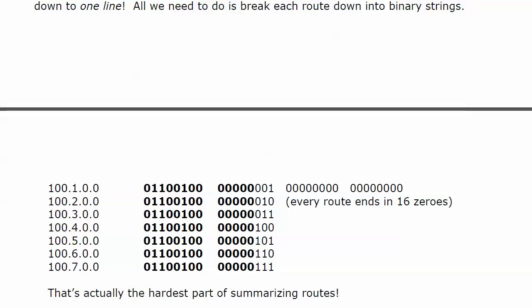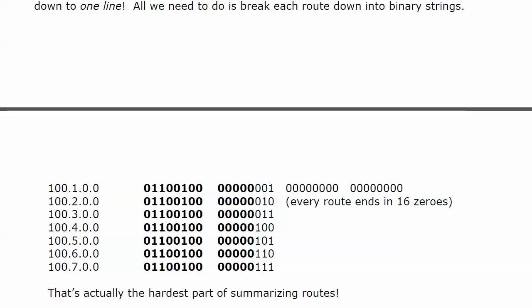I kid you not. Now, to get the summary, all we do is work from left to right, and there's a huge hint here as to the numbers that are bold and which ones aren't. And we just work from left to right and identify the common bits. Now, the common bits can be zeros or ones, and what I mean by that is, for the first bit, do these 7 addresses all have a 0 or a 1? Well, that's the case for the first 13 rows.